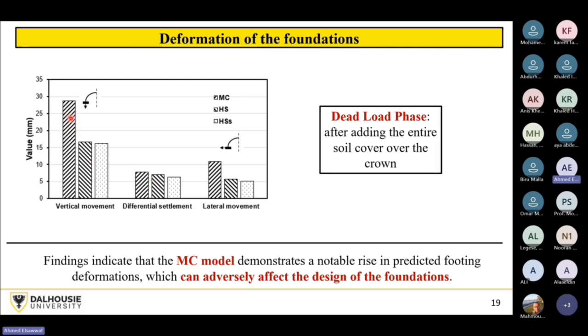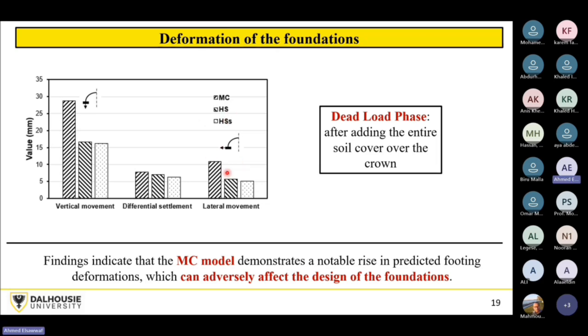This one is very high compared to the HS model and HSS model, and this is due to the stiffness assigned to the soil, because, as I told you, the HS and HSS models use unloading-reloading stiffness to estimate these deformations, but the Mohr-Coulomb doesn't have this.